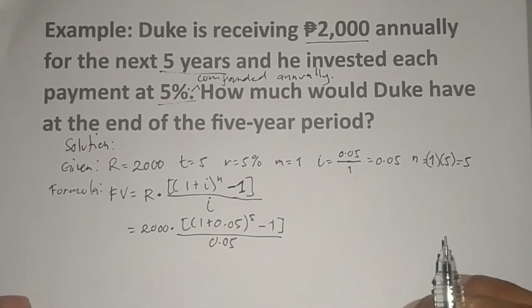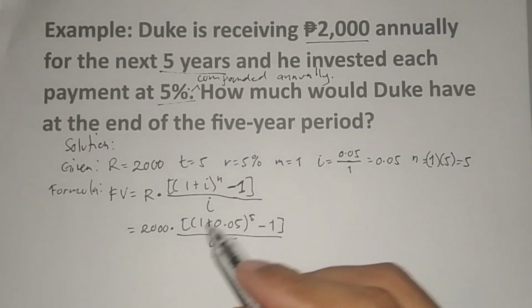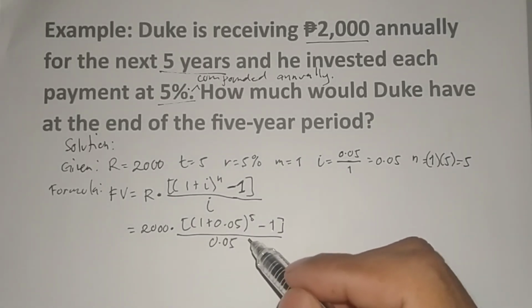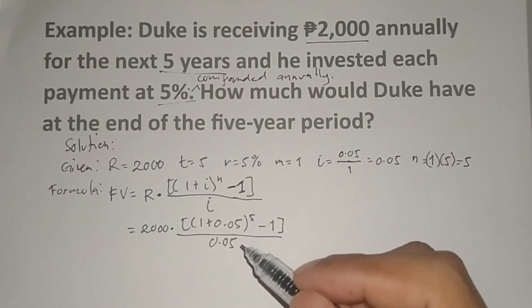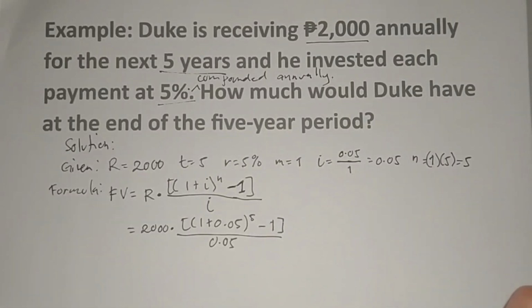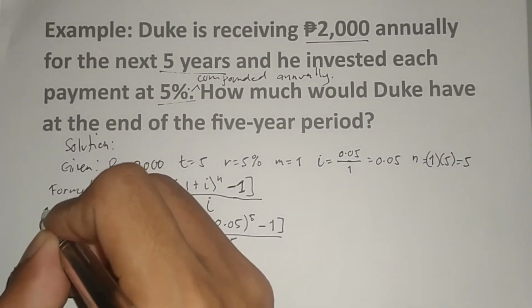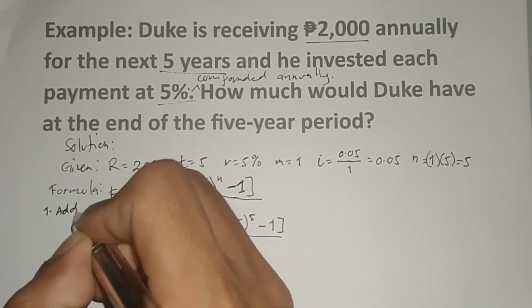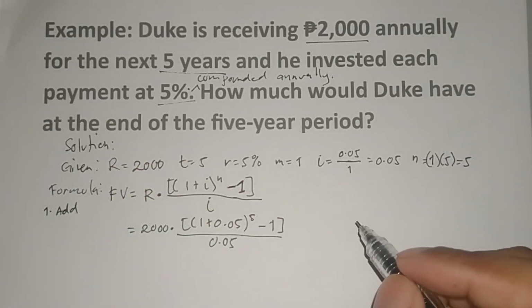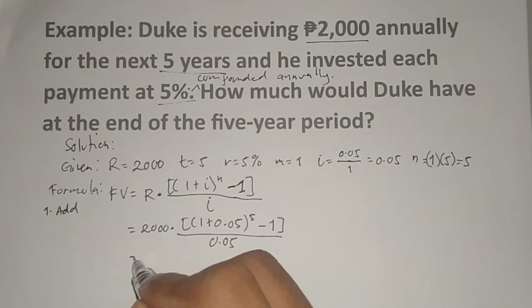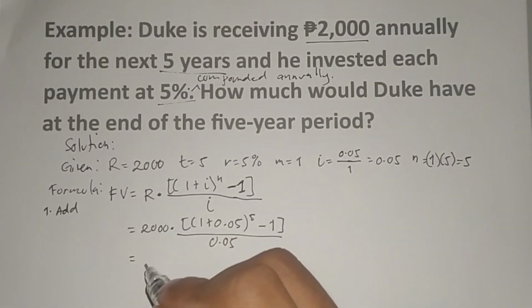Okay, so after substitution, we will follow a series of steps in order to find the future value. So the first thing is addition. So first we need to add. Take note for the steps.